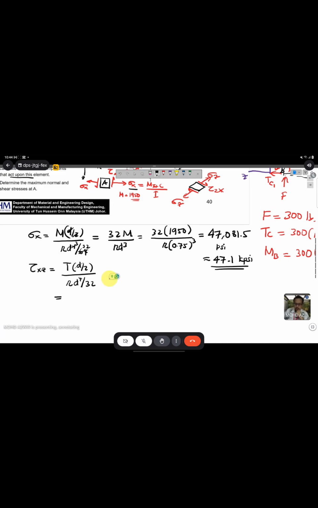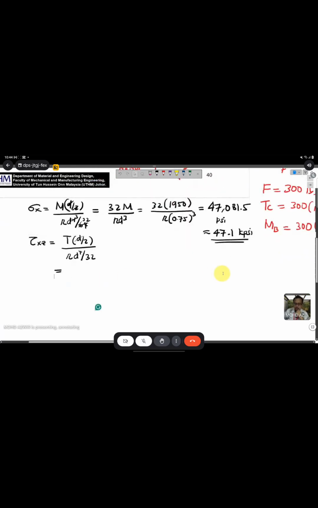Okay, and then for the torsion, the formula will be TR over J. R is D over 2. J is pi D power 4 divided by 32. Then this one is 16, and the D's cancel each other. Then you will get 16T divided by pi D cube.